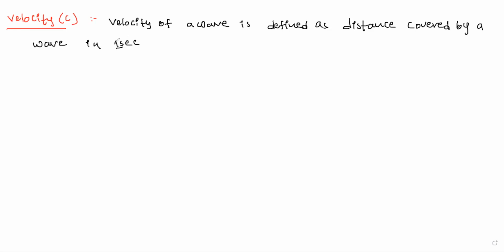That is called velocity. That means c equal to velocity equal to wavelength by time.